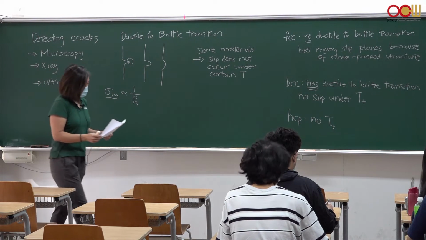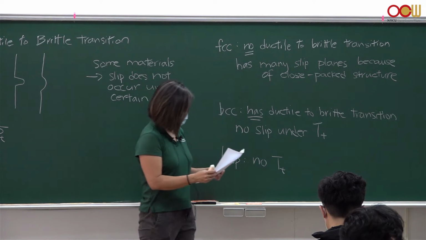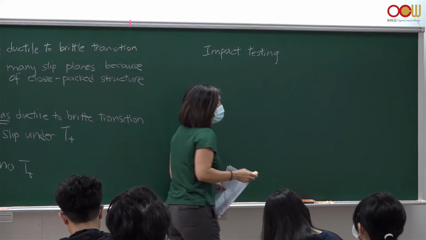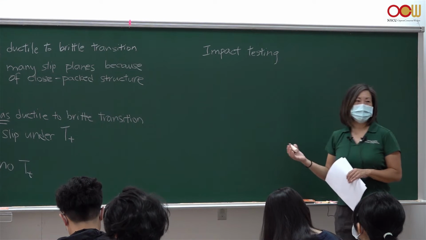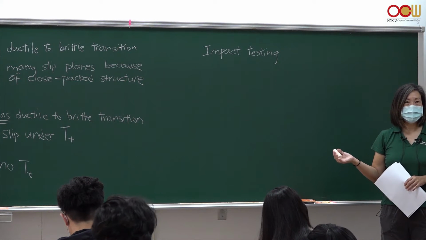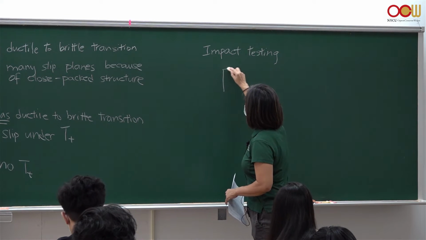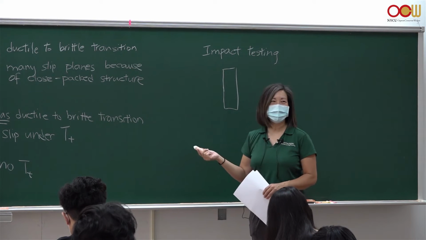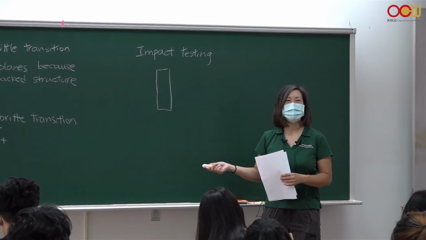All right, so how do you test for fracture? If you want to test to see how strong a material is, you use something called impact testing. Okay? And usually, basically, you just hit it. But you have to be able to hit it in a way where you can measure something, right?